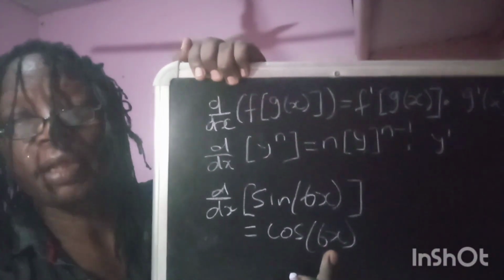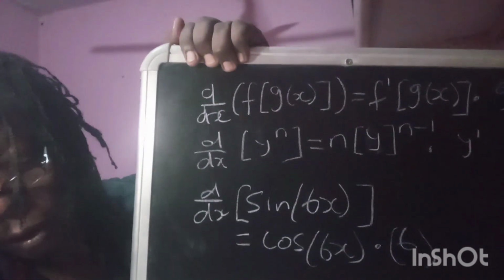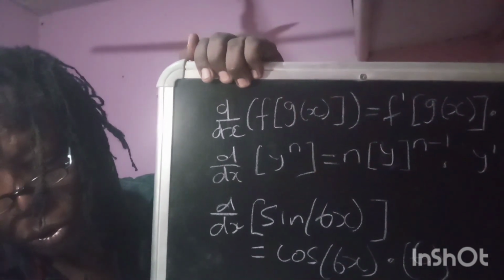It just becomes 6. I've written it here, right? So 6 times cosine 6x as the answer.